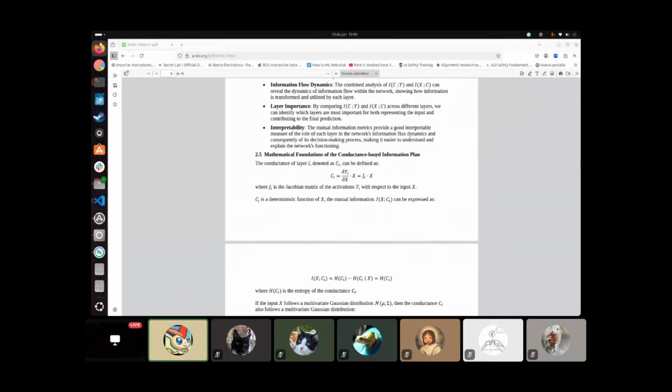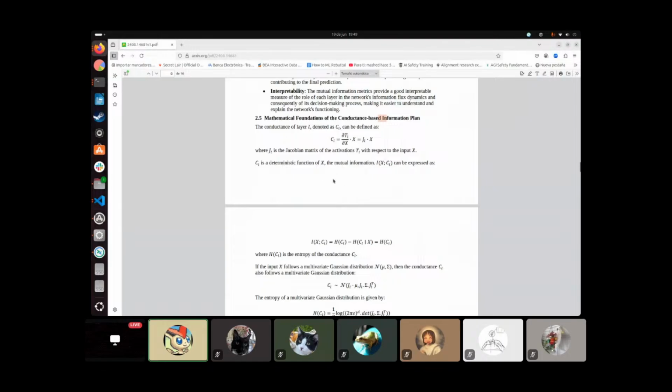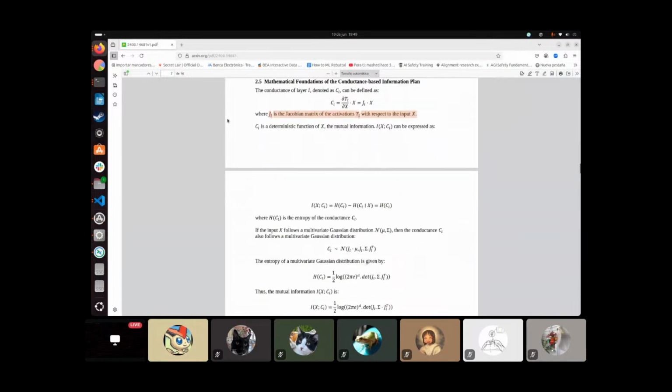Mathematical foundations of the conductance-based information plane. Maybe they explain something. Where J is the Jacobian matrix of the activations with respect to the inputs. C is a deterministic function of X. The mutual information can be expressed as this thing.